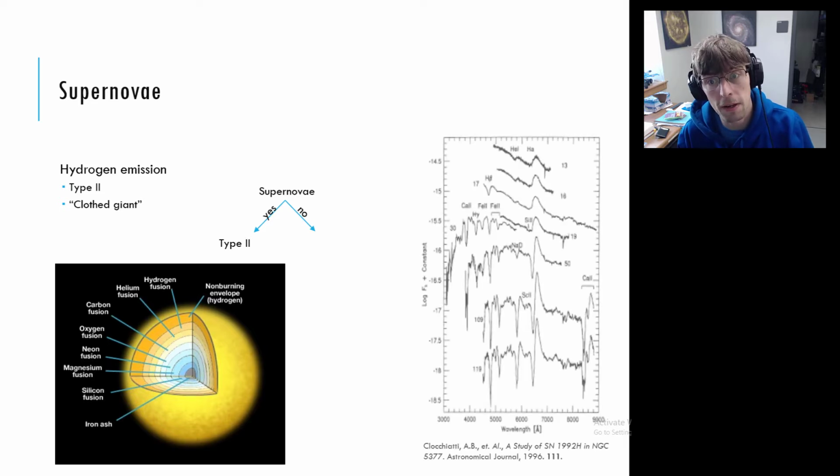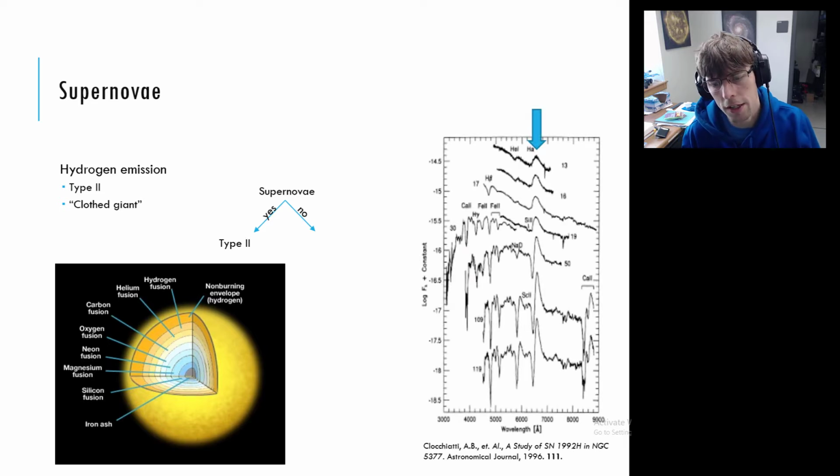Here's an example of the spectra. Now let me walk you through this for a moment. On the vertical axis, you have the magnitude of the lines, or the intensity. Horizontal axis is still the wavelength. Now what you see here is I have multiple lines drawn. The reason for that is that when an explosion occurs, it depends on when you look at it. If you look at it right at the beginning, it might have one intensity.